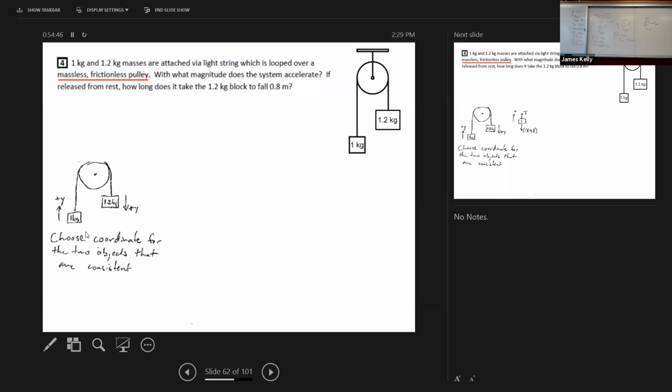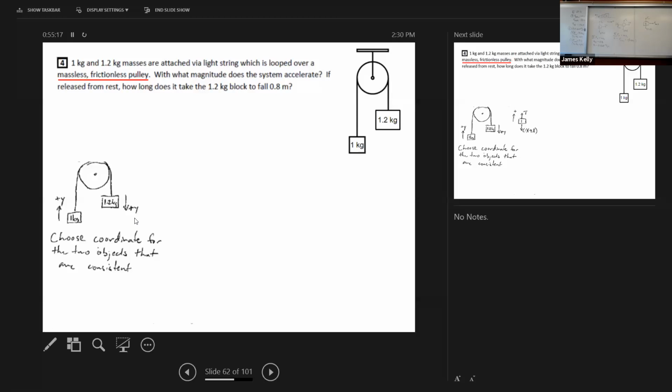So what we're going to do is a free body diagram for each of these separately, 2 separate free body diagrams. I won't go into the details of why, because I talked about it in the video. You've got to choose what's called a consistent coordinate system for your free body diagrams, so that if one of them moves in the positive y direction, you choose a coordinate system for the other one so that it simultaneously moves in the positive y direction when they're moving as a rigid unit.